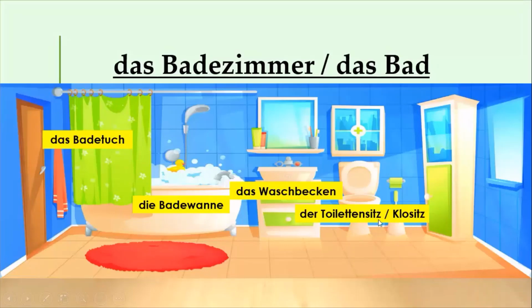Now der Sitz is the seat. Die Toilette is the toilet. But because this is a compound noun, it gets the article of the last noun. And das Klo and der Sitz. Now, Klo is the slang or the really informal word for the toilet.